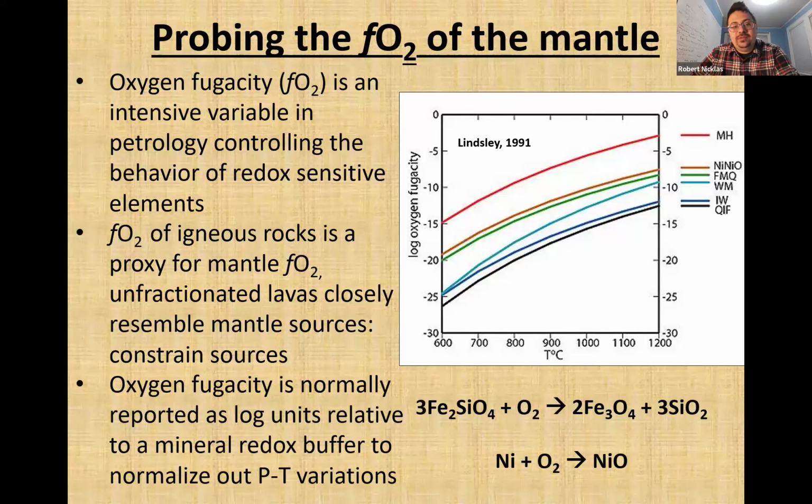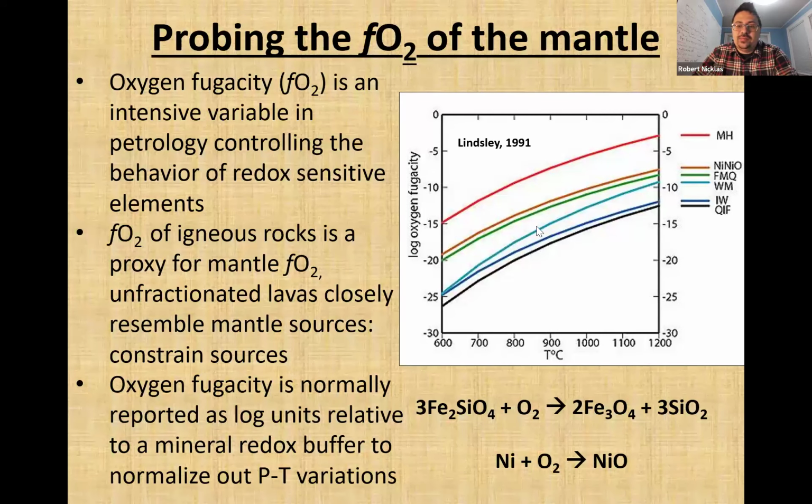fO2 is probably best understood as the amount of molecular oxygen, bear in mind, molecular oxygen, not oxygen bound in silicate tetrahedra, in an igneous system at equilibrium. Like all equilibria, it depends on temperature and pressure.